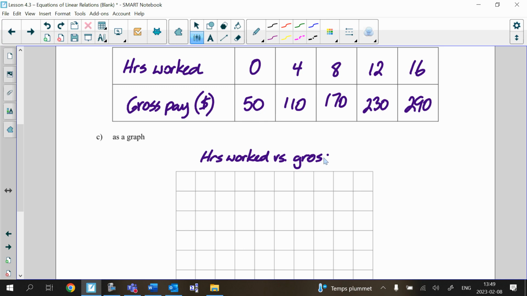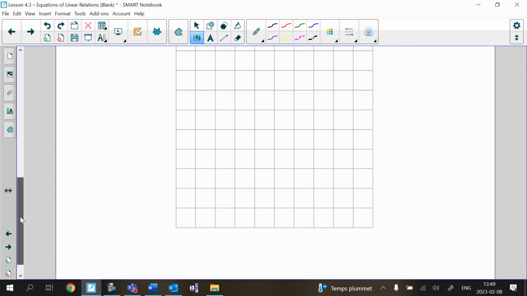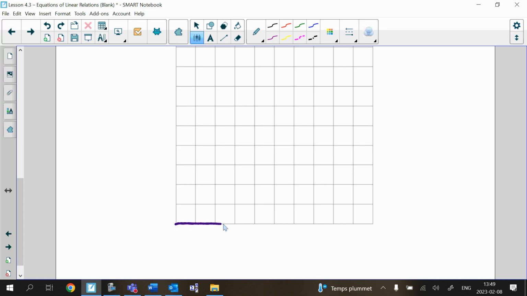Dependent variable is gross pay. Well, we went up by 4s for the hours worked, so we might as well go up by 4s on the scale.